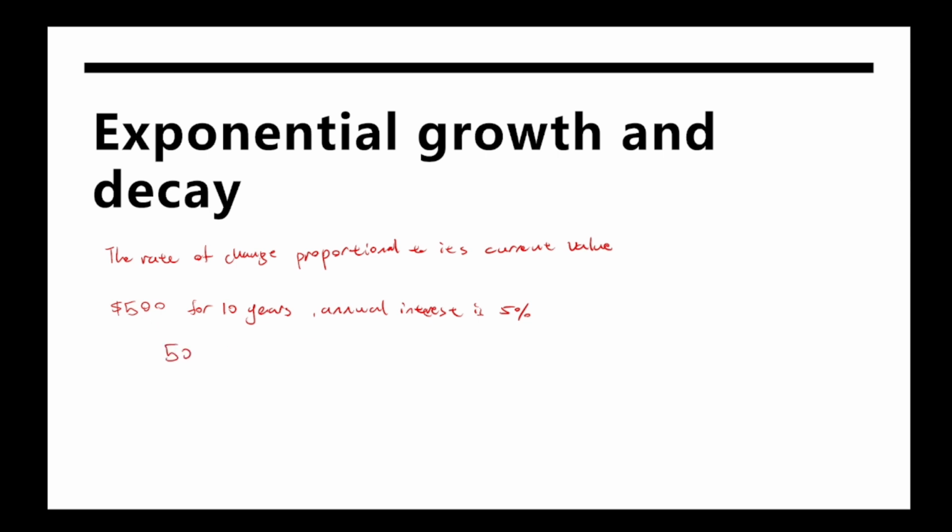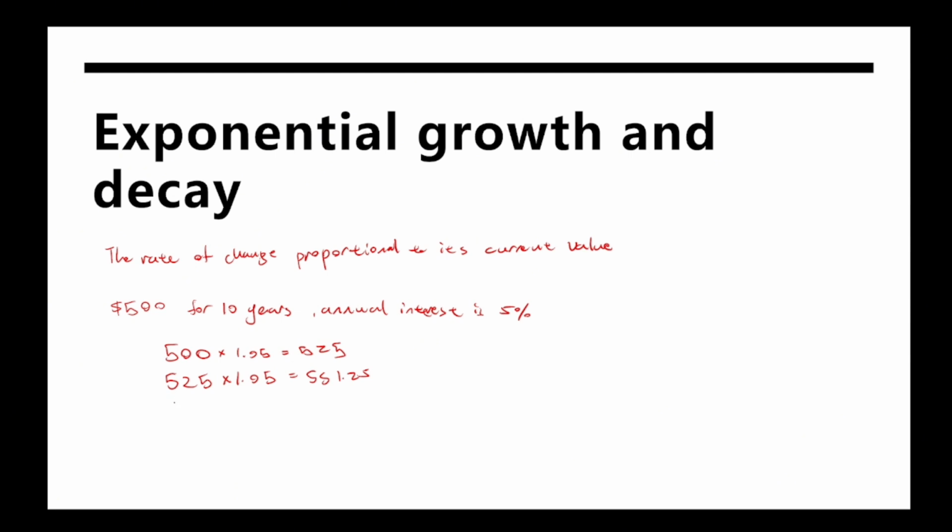So after the first year, 525, because it is increased by 5%, so times 1.05. And by the second year, I'll have 525 times 1.05, which is 551.25.